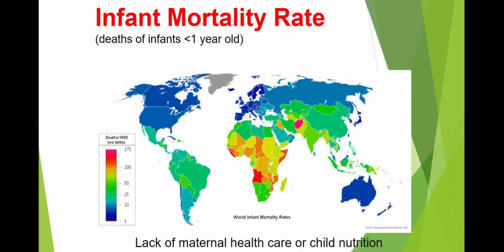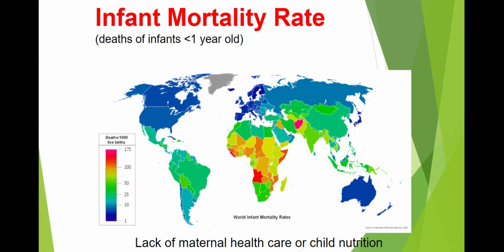All right, so the next statistic that we're going to look at is called infant mortality rate, and it's pretty highly correlated with the last statistic that we talked about. Infant mortality rate is, within a country per 1,000 live births, how many children do not survive their first year? This is obviously a really sad statistic and a sad thing to think about.